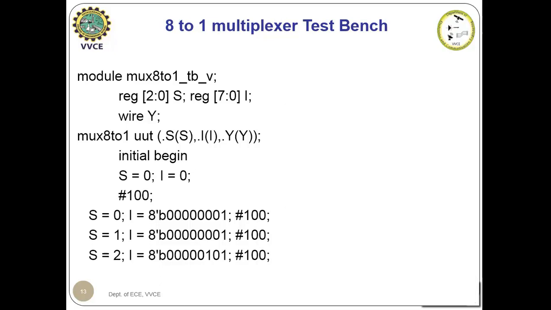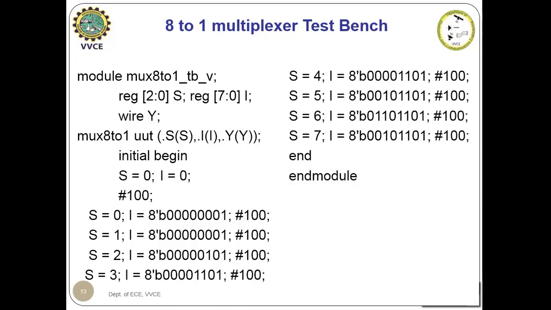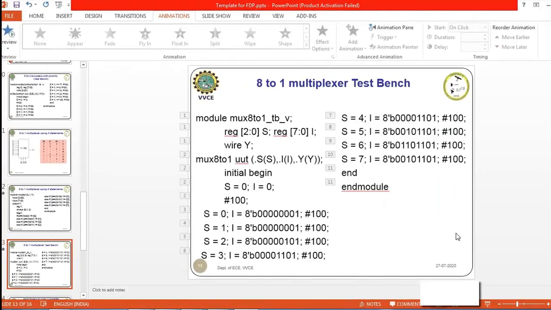When S is equal to 0, I is equal to 4. When S is equal to 3, I is equal to 0, 0, 0, 0, 1, 1, 0. I'll be giving all the test inputs like this. Then end module. So now we'll see the execution of this particular code.